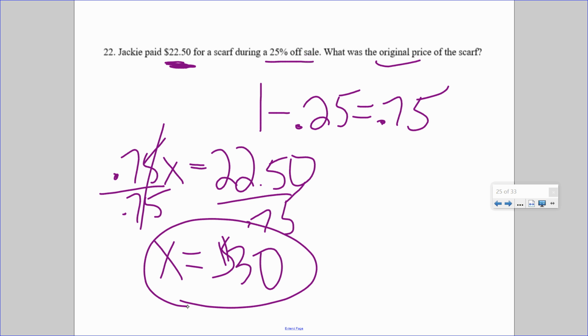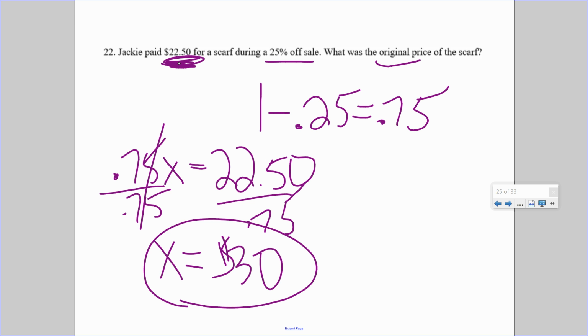So again, if you're increasing or decreasing by a percent or a fraction, you're adding or subtracting that amount to 1. And be careful, the value that they give you might be the original or it might be the after amount. If it's the original, then you're just multiplying them. If it's the after amount, then you're multiplying by x to equal the after amount.